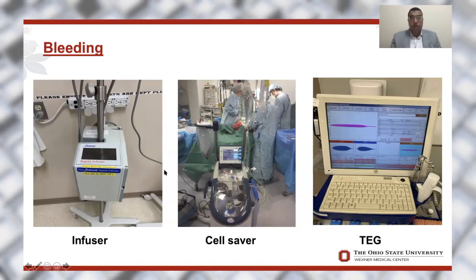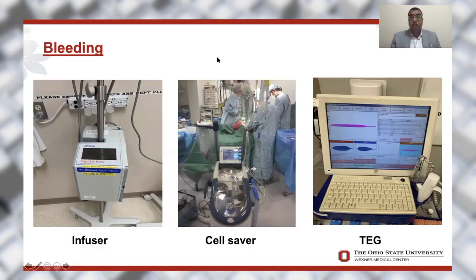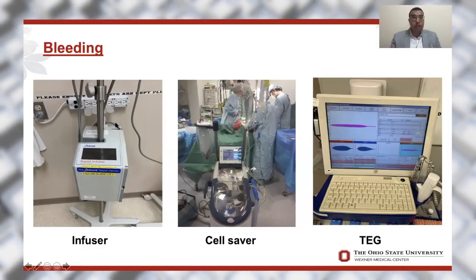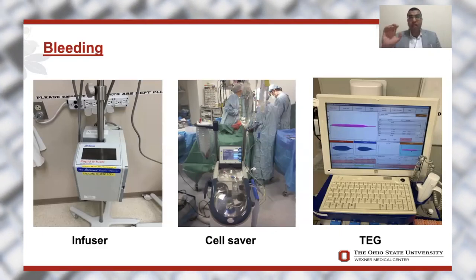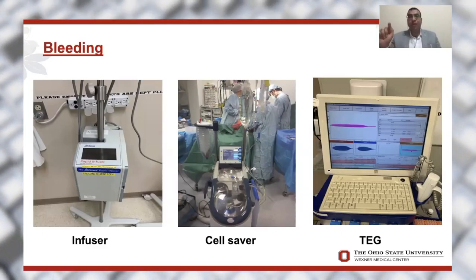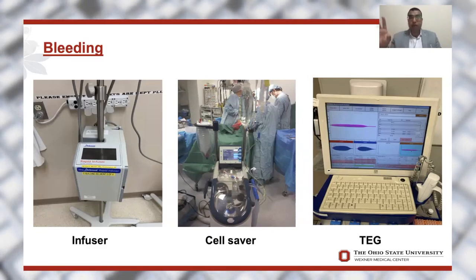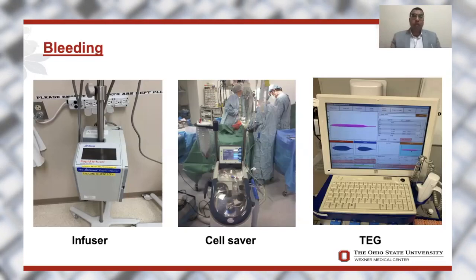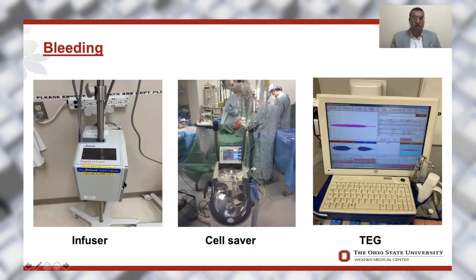The rapid infuser collects the blood from the cell saver, the crystalloids you give to your patient, and the blood products, and pushes it into the patient's circulation at a very nice rate, 500 up to 750 ml per minute. You can push half a liter of fluid to the patient in only 1 minute. But for sure, in thoracic surgery, we are not using this rapid infuser.